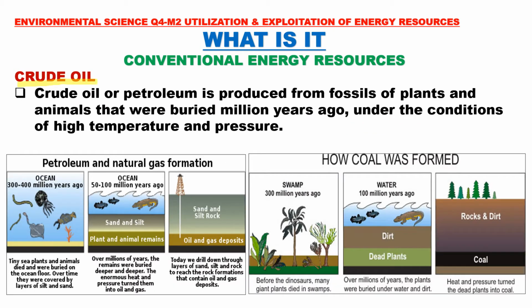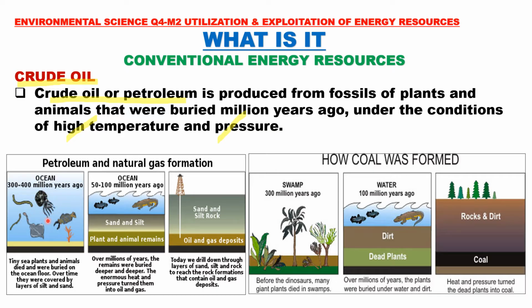Crude oil. Crude oil or petroleum is produced from fossils of plants and animals that were buried millions of years ago under the conditions of high temperature and pressure. So, some 300 to 400 million years ago, tiny sea plants and animals died and were buried on the ocean floor.